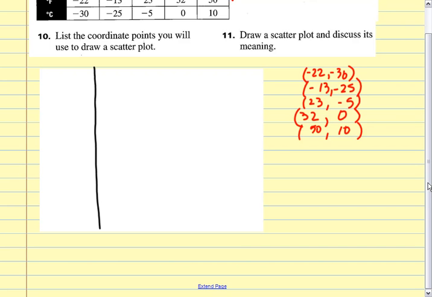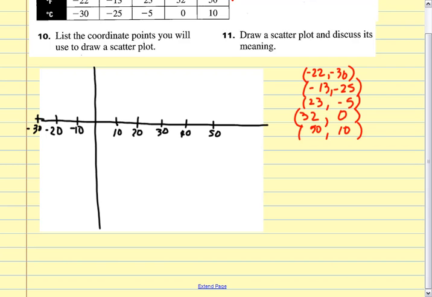So I'm going to go about like this, and that'll help, okay? I don't know, let's see. Let's make this 10, 20, that's negative 30, right here on the x side. And then that's going to be 10, 20, 30, 40, 50. All right, 10, 20, 30, 40, 50.